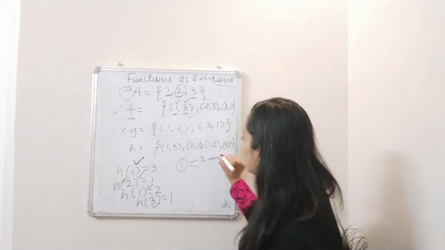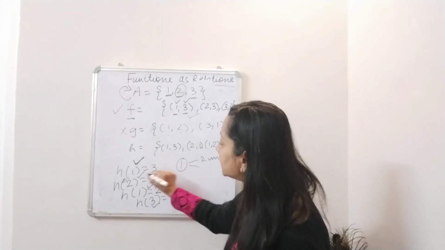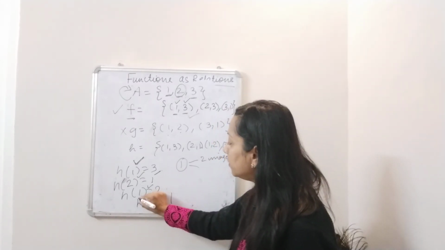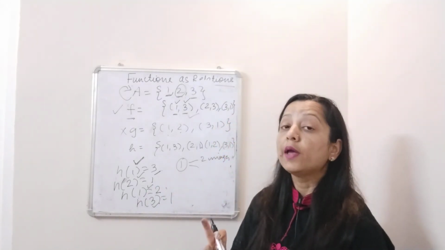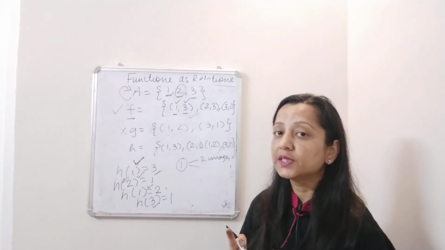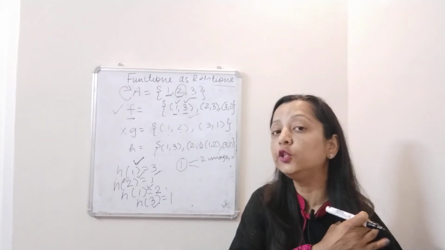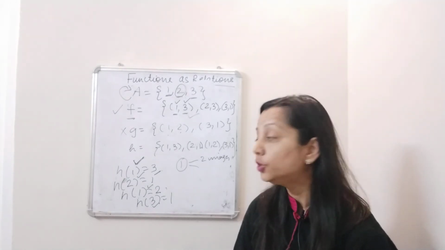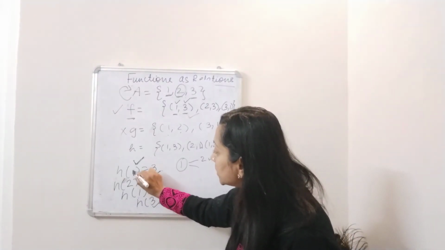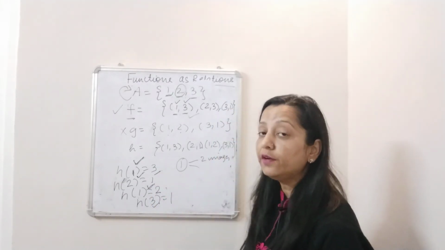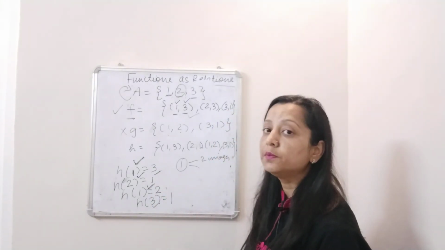1 is having two images: h of 1 is 3, once the image of 1 is 3, and h of 1 is 2, second time the image of 1 is 2. So as per the rule, what does a function say? That a unique value is assigned to each element of the function. So in this case, to the same element 1 of the function h, you are assigning two different values, which is not possible.